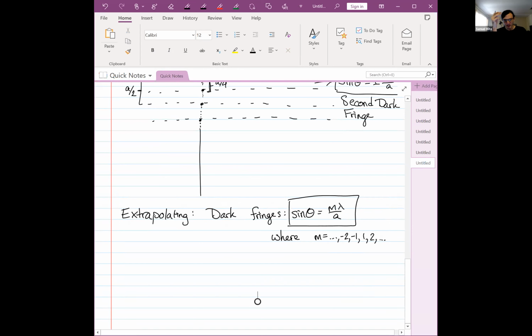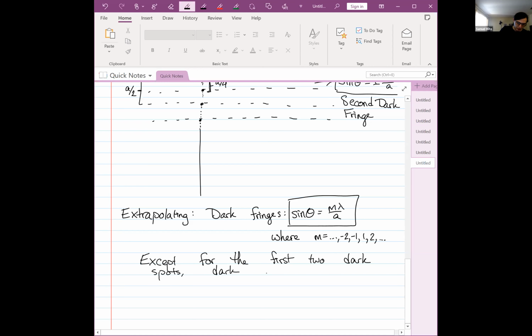Now, what does this indicate? This actually indicates something interesting. It indicates that except for the first 2 dark spots, i.e. the one to the left of the bright spot and the one to the right of the bright spot, the dark spots are equally spaced.